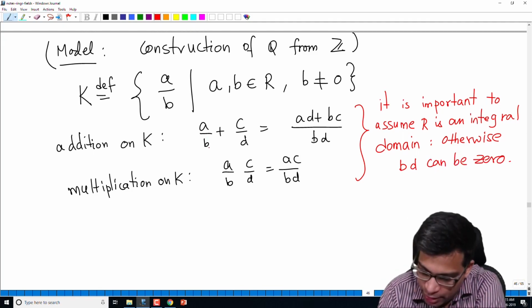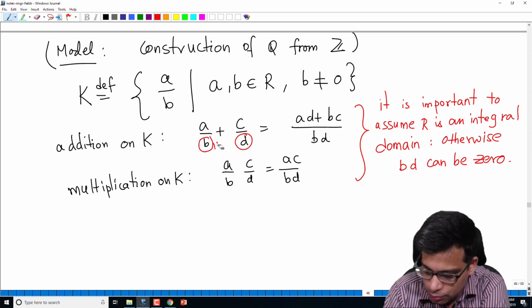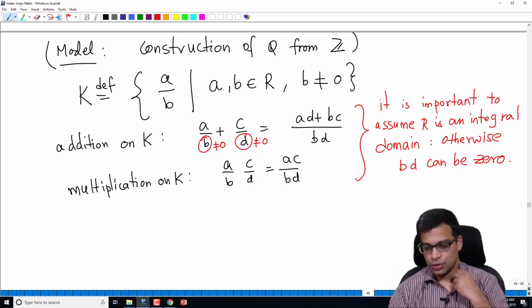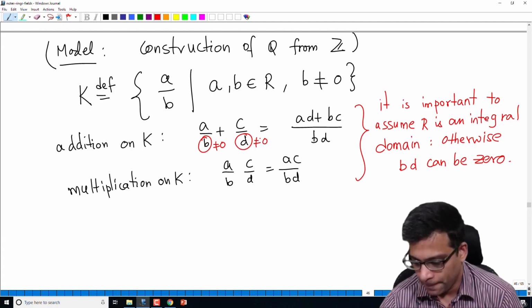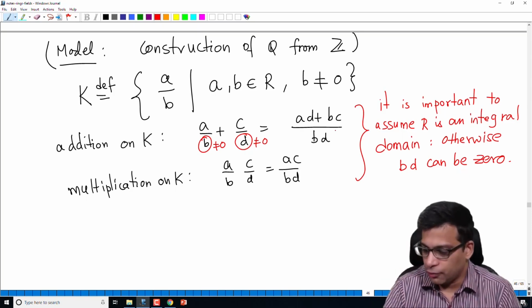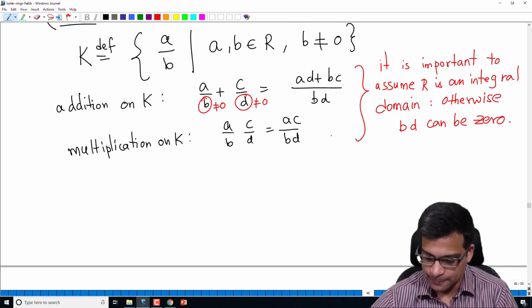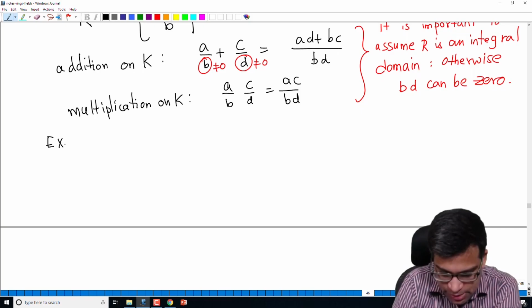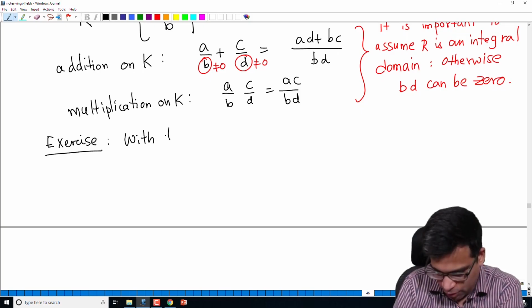We have B and D are non-zero. This is not equal to 0, this is not equal to 0, because we are considering two elements of K. So A by B and C by D are elements of K, that means B and D are not 0. In order to define the sum and product, we need BD also to be non-zero, and this is what an integral domain guarantees us. So we assume that we are working with an integral domain, and it is now a very easy exercise to check that with these operations K is a field.